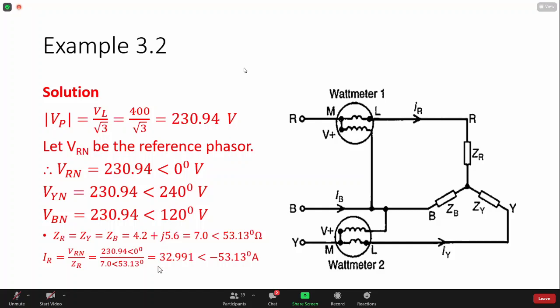Sorry, I get 34 for the magnitude, that's too much off. Yeah, because you would have done some bad rounding off somewhere. What do you use as your phase voltage? 230.940. And what did you get for the phase impedance? I use the same.